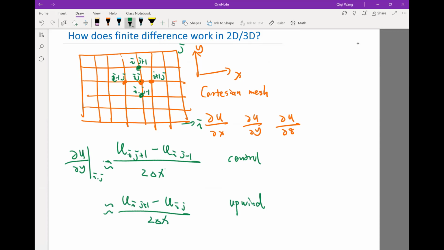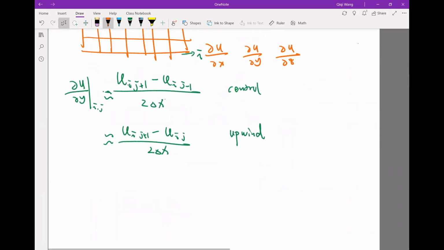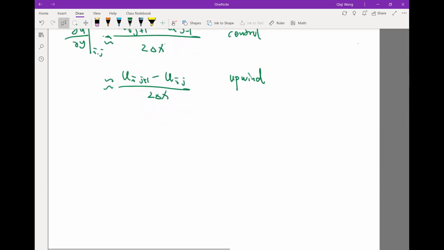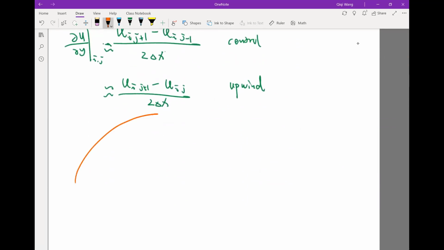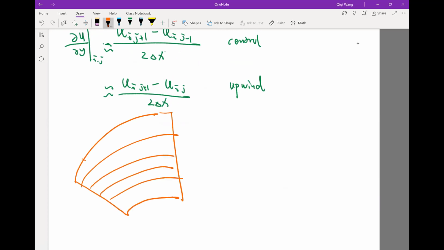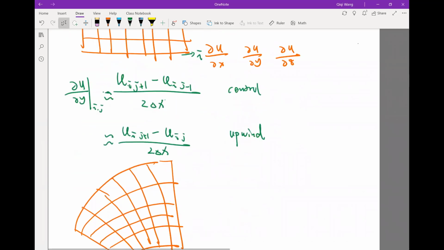So finite difference is really easy if you have a Cartesian domain. Okay, if you don't have a Cartesian domain, finite difference can also support what's called a curvilinear grid. So a grid that is logically Cartesian, which means it is organized still in the ij direction.